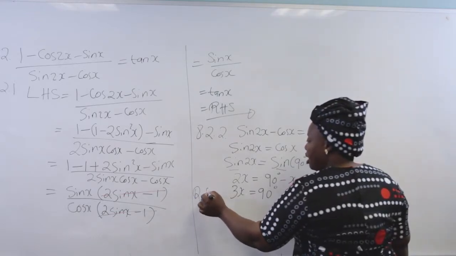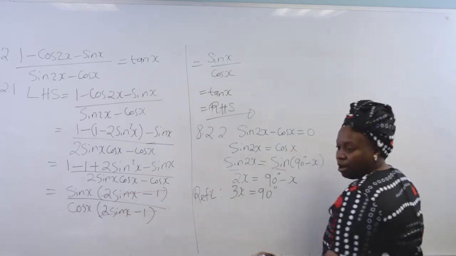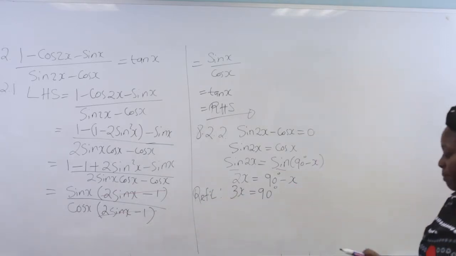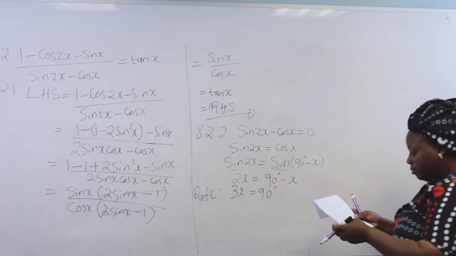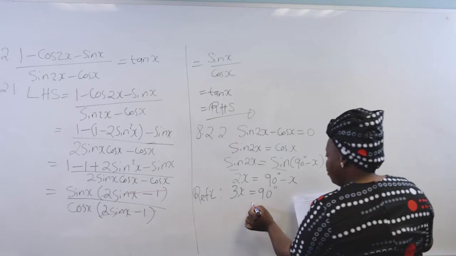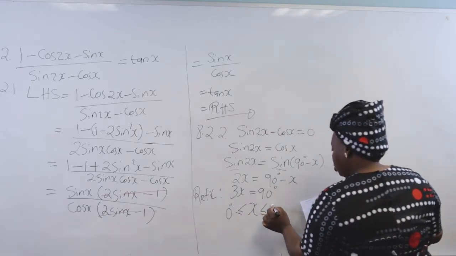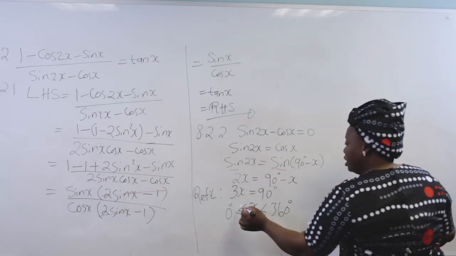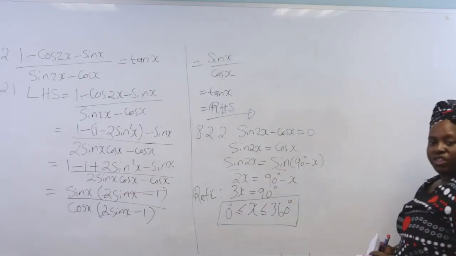Remember, we are looking for solutions in the boundaries of x being greater or equal to 0 degrees, less or equal to 360 degrees. So this is where our solutions must fall within.